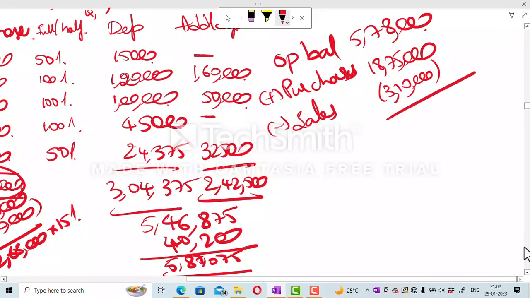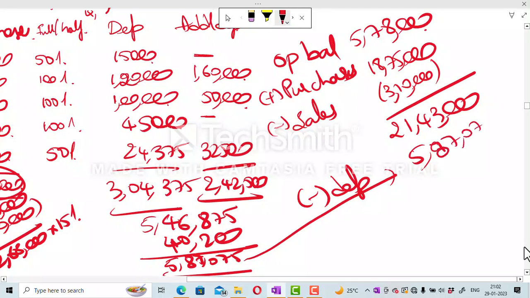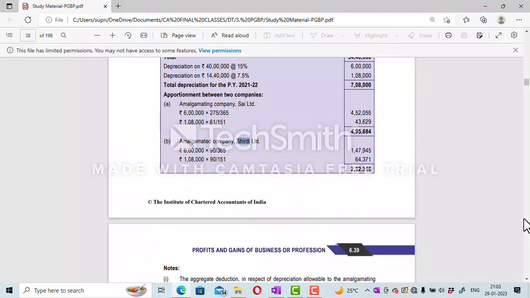What will we arrive at here? 5,78,000 plus 18,75,000 minus 3,10,000 is 21,43,000. Minus depreciation. Total depreciation is this one, 5,87,075. So if you reduce that, 15,55,925. Come, we will check with the ICAI answer.